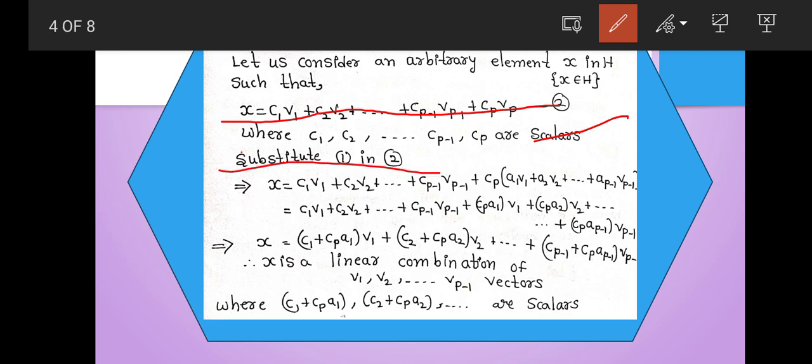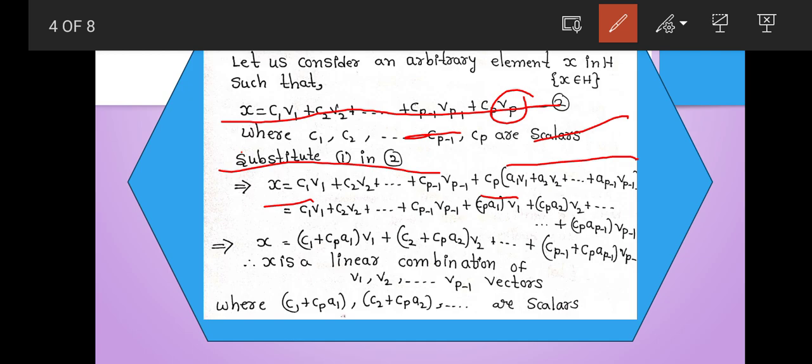Substitute 1 in 2. In the previous step we got the value of Vp, where we wrote the linear combination of preceding vectors. So substitute Vp here. Then we get x is equal to c1 v1 plus c2 v2 plus up to c(p minus 1) v(p minus 1) plus cp times Vp, and in the previous step we got Vp as a1 v1 plus a2 v2 plus up to a(p minus 1) v(p minus 1).